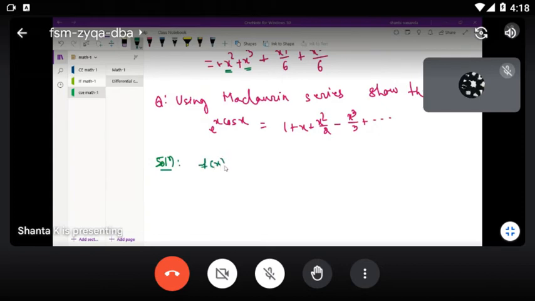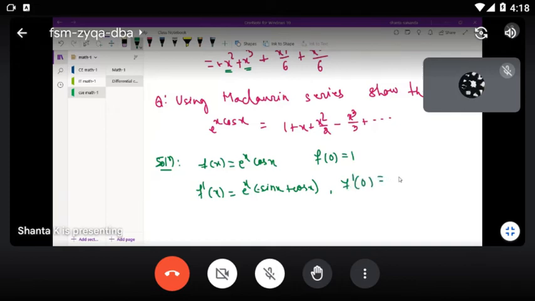Maclaurin series. So how? What to do first? This is your f of x. f of 0 equals 1. Then f dash of x equals e raised to x into sin x plus cos x. No, no, cos x minus sin x. Okay, minus. Yes. That also is 1.